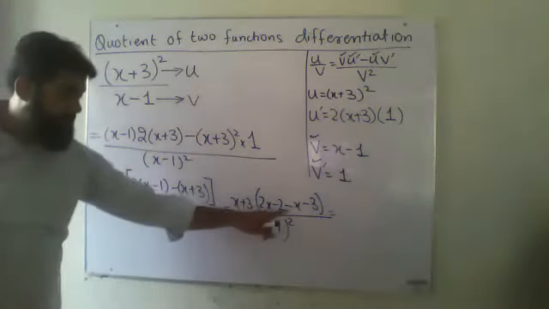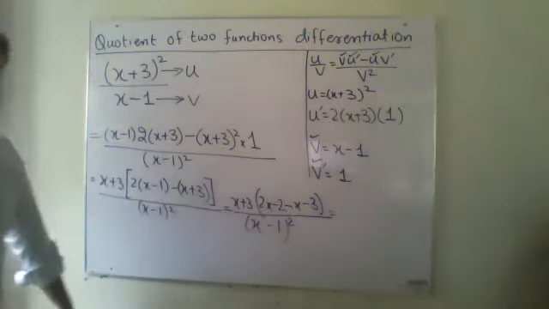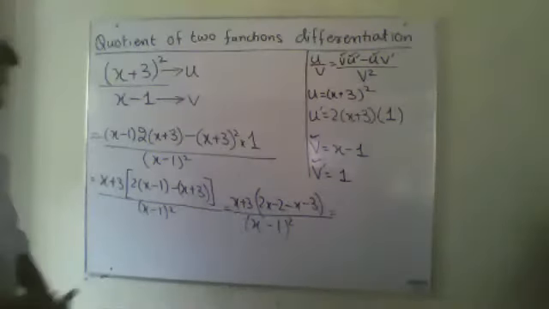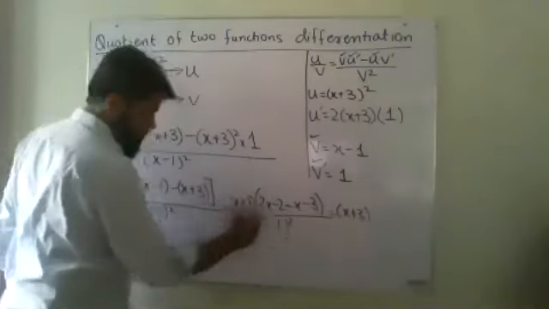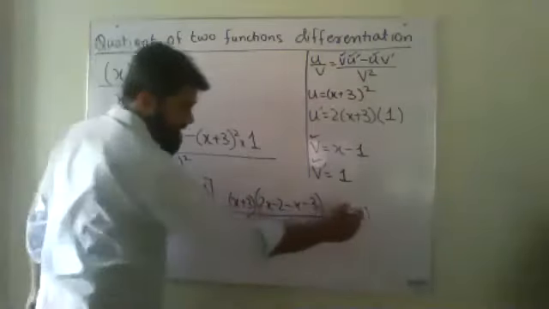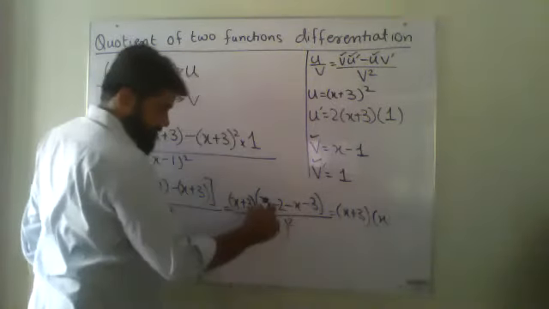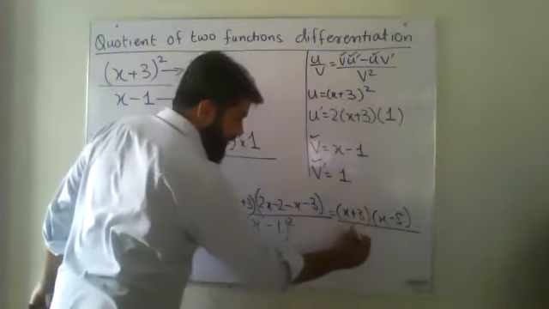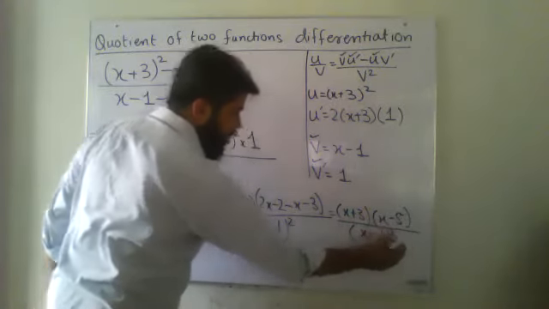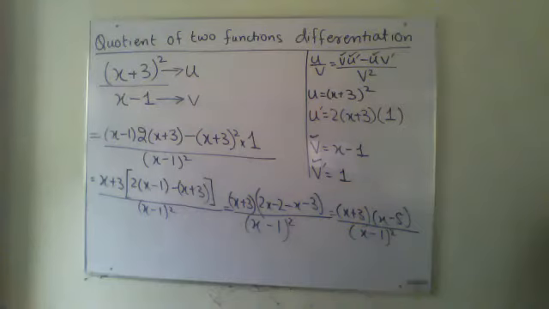So 2x minus x will become x. Minus 2 minus 3 will become minus 5 over (x minus 1) whole square, and this is how you are going to complete.